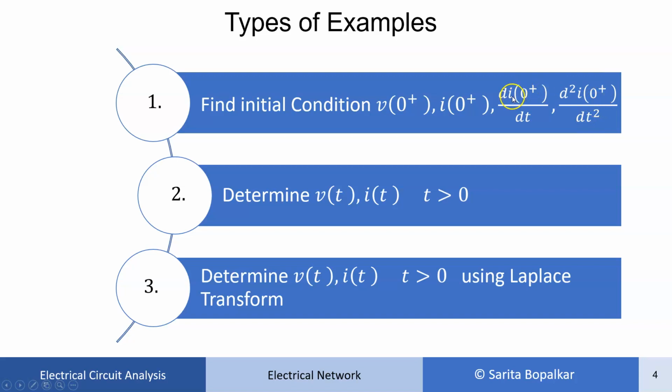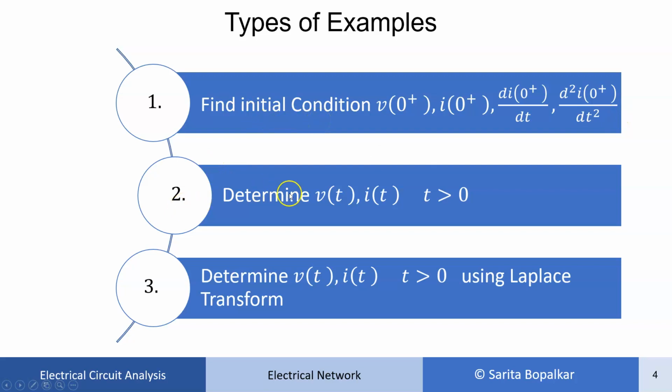Instead of i, it can be dv by dt or d square v by dt square at t equal to 0 plus. Why are we calling them initial conditions? Because all these are at t equal to 0 plus, immediately after switching. That's why we call it an initial condition.